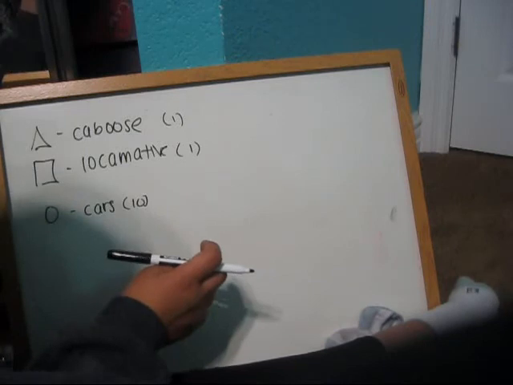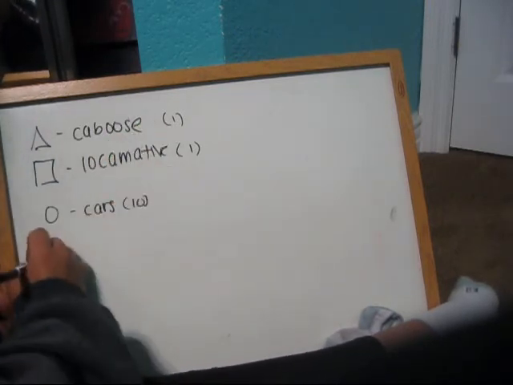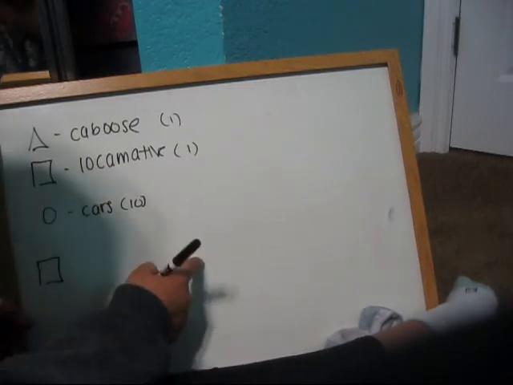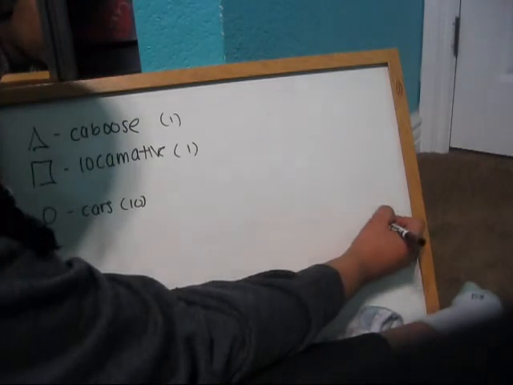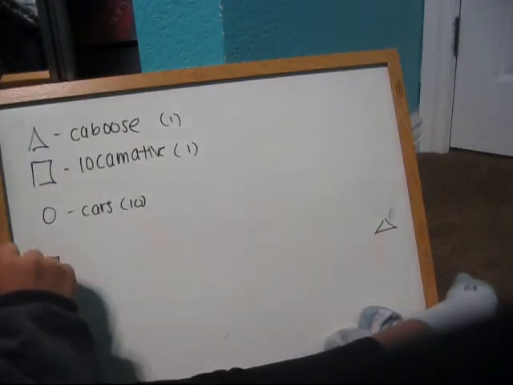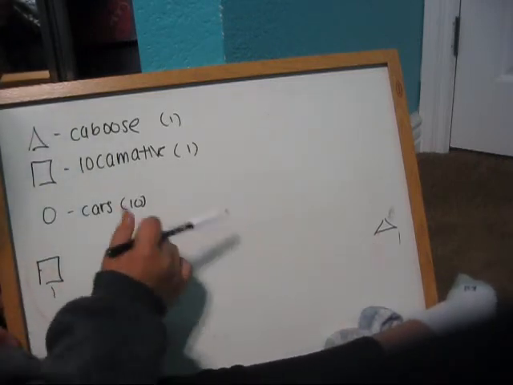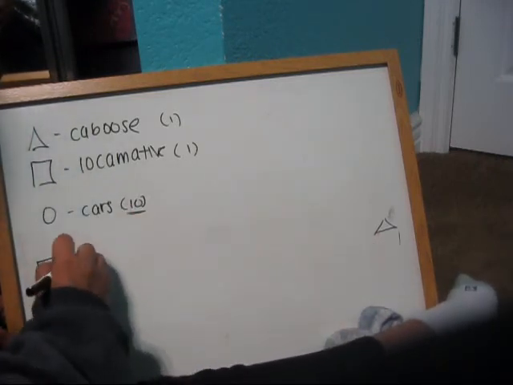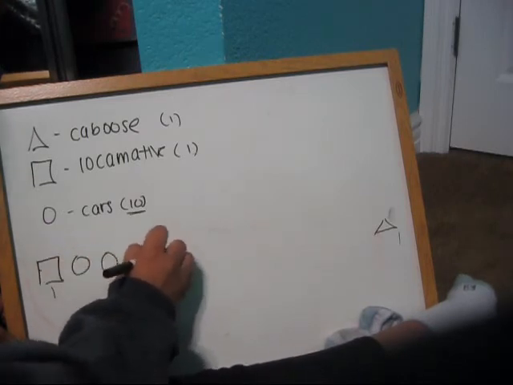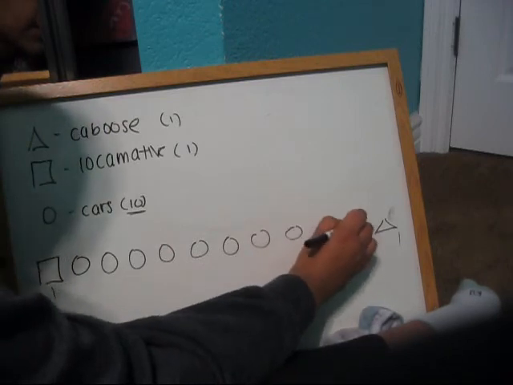And it says that the locomotive has to be first, so it goes square, and the caboose has to be last, so the triangle goes all the way down here. But the thing is, no matter what order these two go in, you're still going to have 10 cars. So 1, 2, 3, 4, 5, 6, 7, 8, 9, 10.